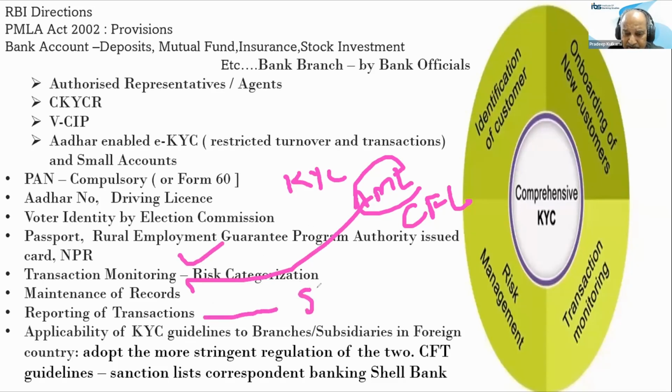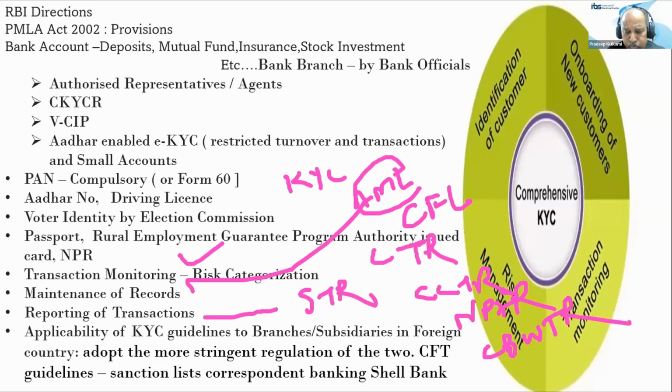Under this reporting, the reports are STR, CTR, CCTR, and NPTR, and the cross-border wire transfer transaction report. These are the reports the bank needs to submit. To whom do the reports need to be submitted? The reports need to be submitted to FIU IND. Is it clear?